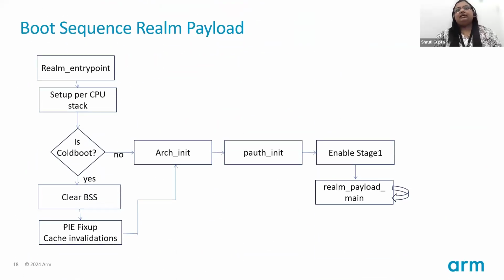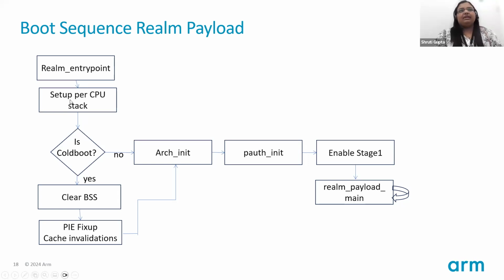So in the realm payload, where execution starts at RL1, this is the cold boot flow and warm boot flow. Execution starts at the realm entry point. For each rec, we set up a different stack, depending on which rec it is. Then we decide whether it is cold boot or warm boot. Cold boot or warm boot is decided by the MPIDR value.